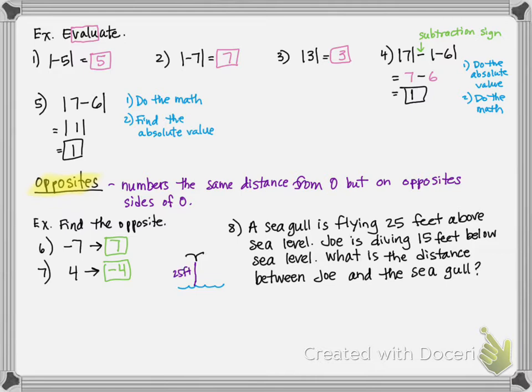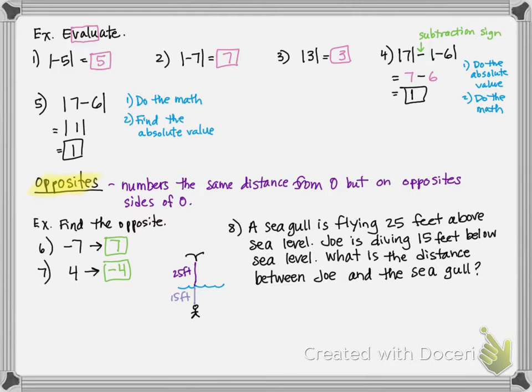And then we got Joe, and he's below sea level. There's Joe. Joe needs some protective equipment, but we don't have any for him, poor guy. And Joe is diving 15 feet below sea level, okay?